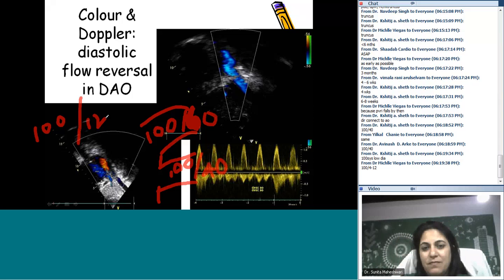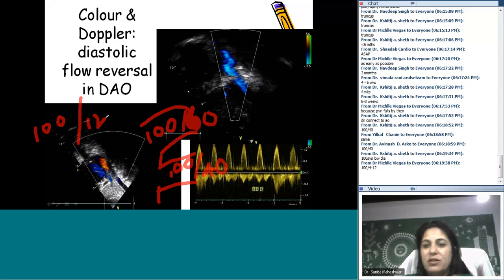Okay, in an AP window, in a hemitruncus, in a large PDA, in a large central shunt, in a truncus arteriosus without restrictive pulmonary arteries, there is systolic as well as diastolic banging of the pulmonary arteries, and that is why they get early pulmonary vascular disease. Okay. In a VSD, on the other hand, there is only systolic banging of the pulmonary artery. So that is why in an AP window, in a hemitruncus, in a truncus, we operate.